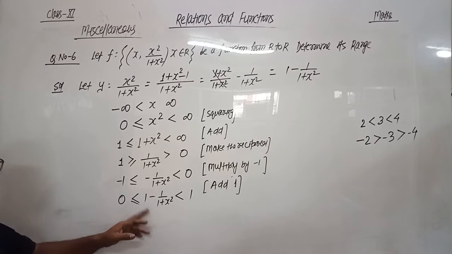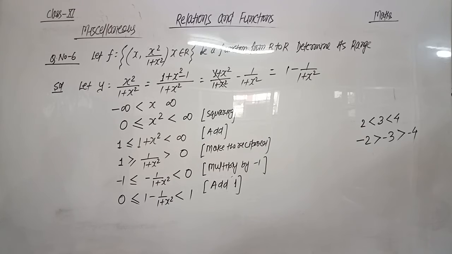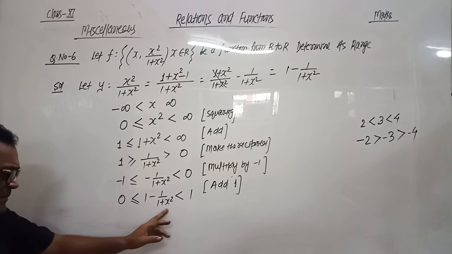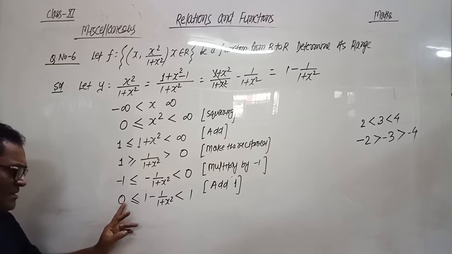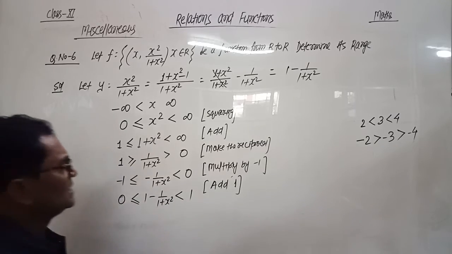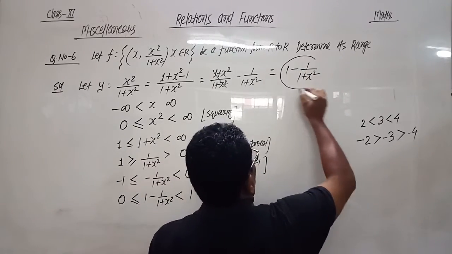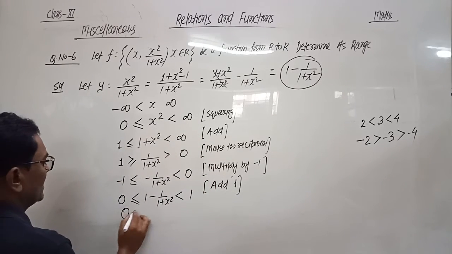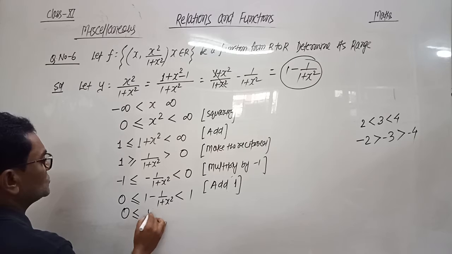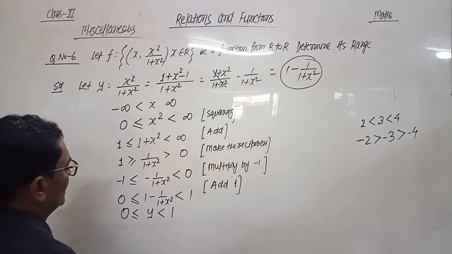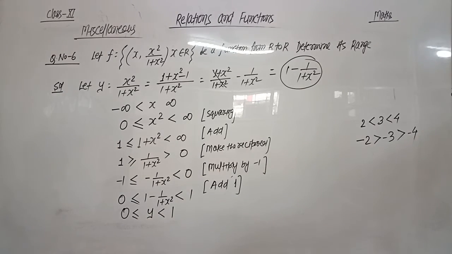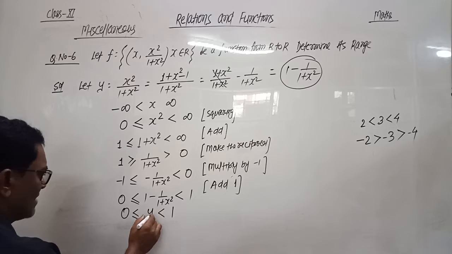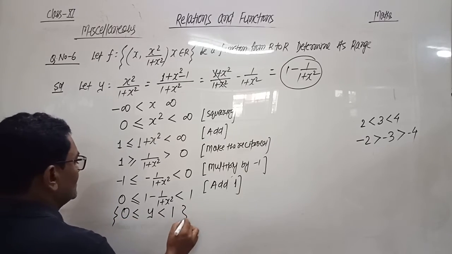It means the value of 1 minus 1 upon 1 plus x squared lies between 0 and 1, and that value is y. So we can write 0 is less than or equal to y, which is less than 1. So the value of y lies from 0 to 1. Its range is 0 to 1. This is the range.